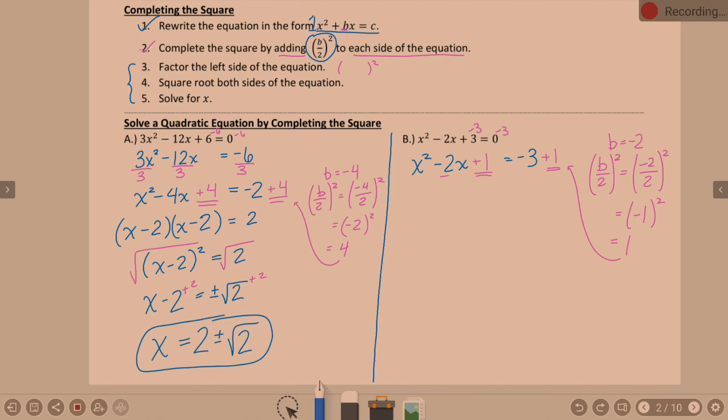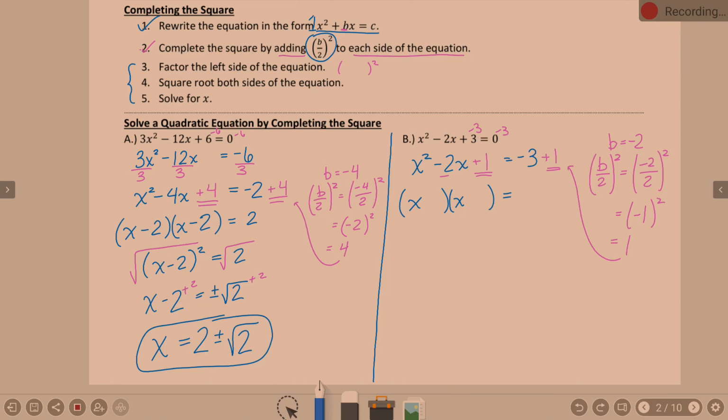Okay. Step 3 is to factor. We're beginners, so if you want to go straight to your parentheses squared, awesome. X squared breaks into x and x. We made this a perfect square, so it should be the same number. What multiplies to be 1?